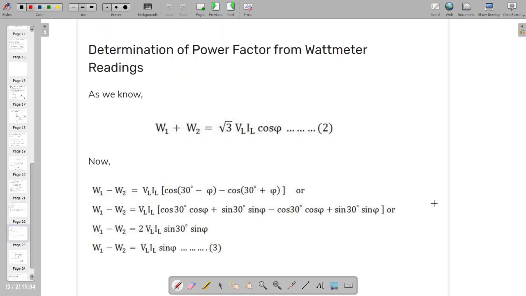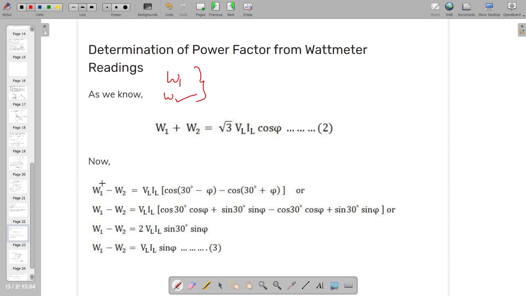Now, determination of the power factor from the wattmeter readings. We have already written the W1 and W2 equations, and with these two equations we will determine the power factor. W1 plus W2 is equal to root 3 into VL IL cos phi.